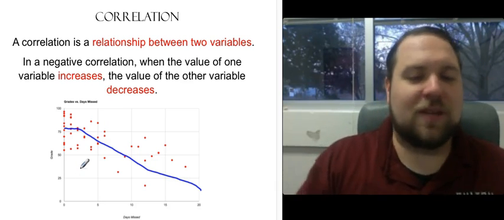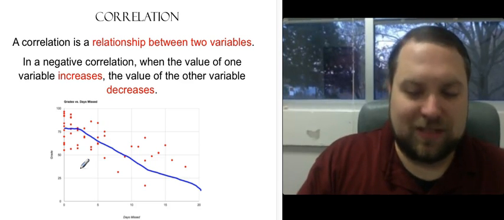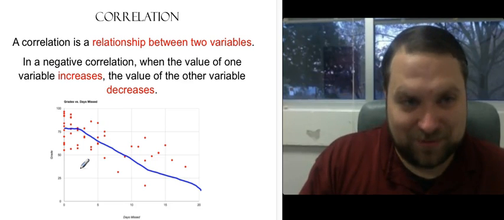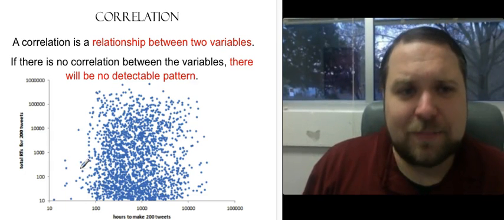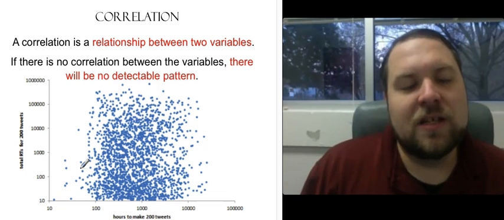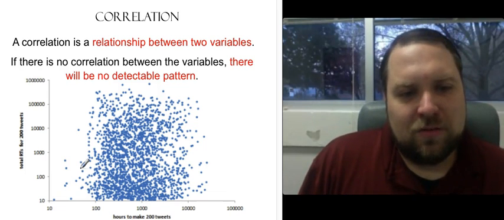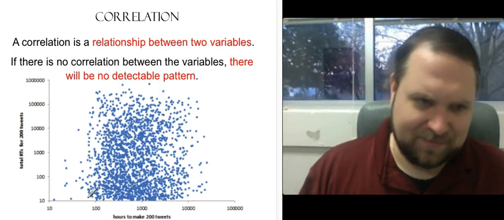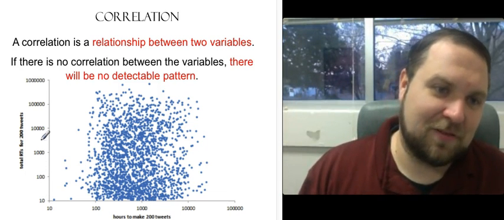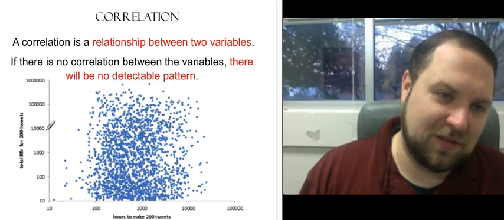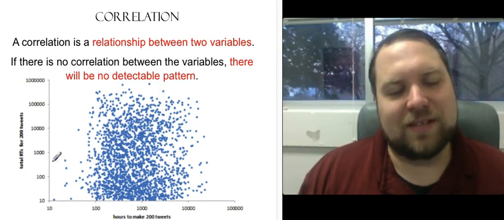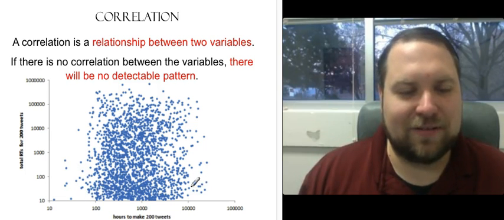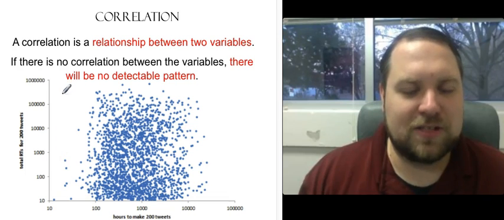Now that's what we can find if there is a relationship between the two. It's also possible that there is no relationship between the two variables. And when this happens, we say there's no correlation. So if you look at this data, which shows how long it takes someone to tweet out 200 tweets, and this is the number of retweets they get for those 200 for a random sampling of data, we can see there's no connection between how fast you tweet out things and how many retweets you get.